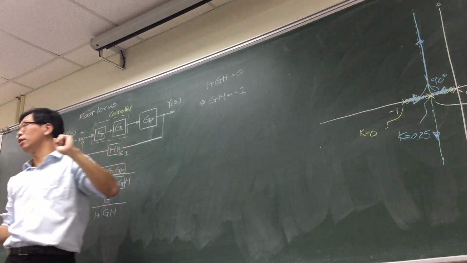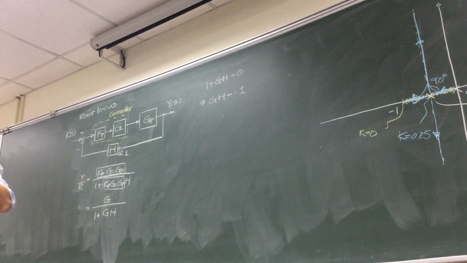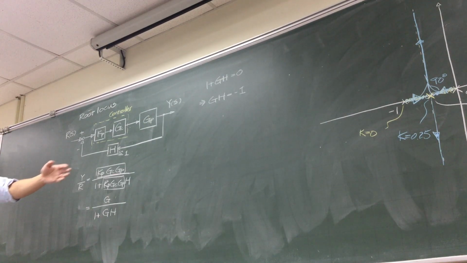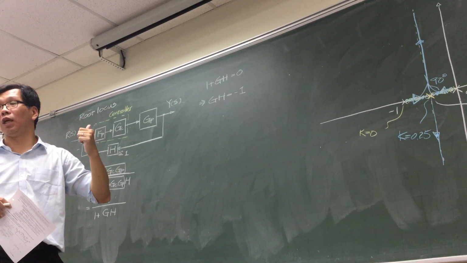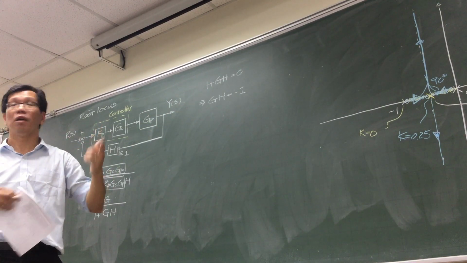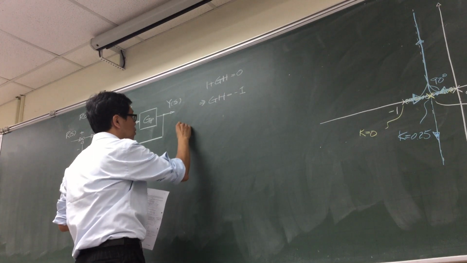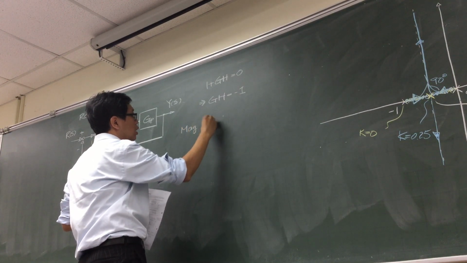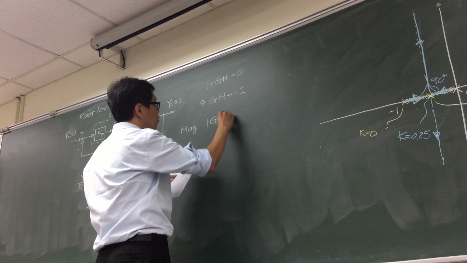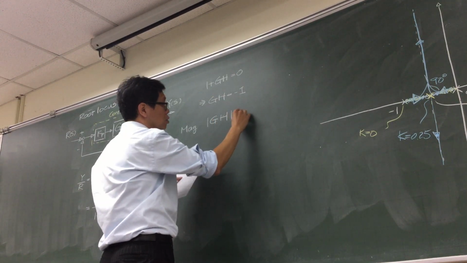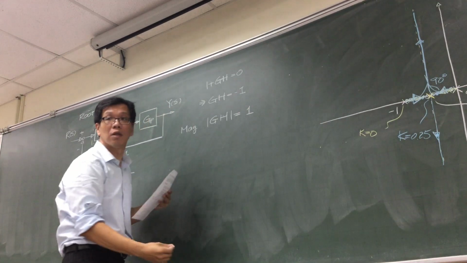When we are looking at complex systems, there are two things you need to remember, and it's going to be valid from now on till the end of the semester. When you are talking about complex systems, one is going to be magnitude, the other one is going to be phase. Magnitude is taking the absolute value, equals to what? 1.